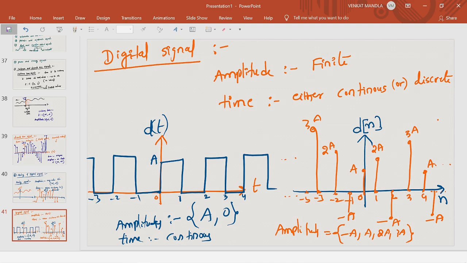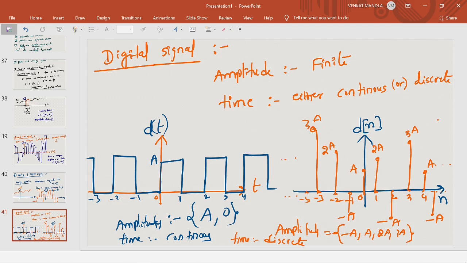So a set of 4 numbers. That's it. But the time is discrete. Okay. So this is a digital signal. So either time is continuous or time is discrete. This is a digital signal because it is taking finite values of amplitudes.